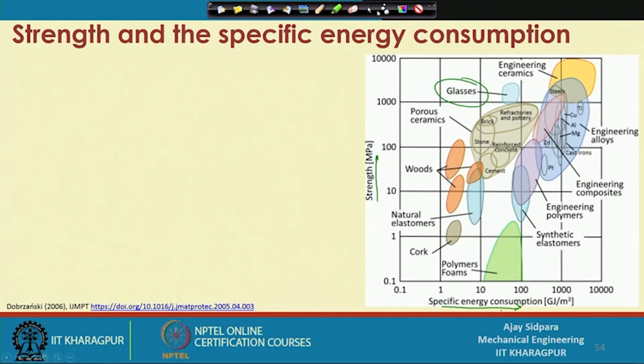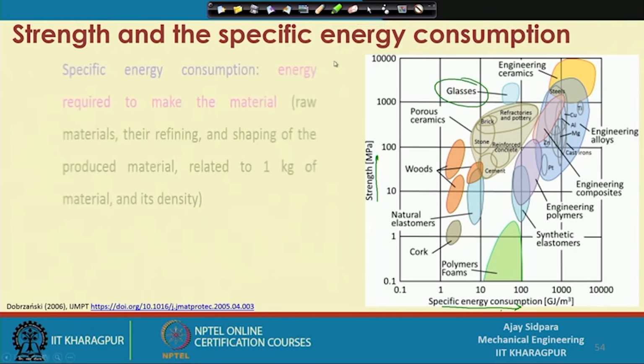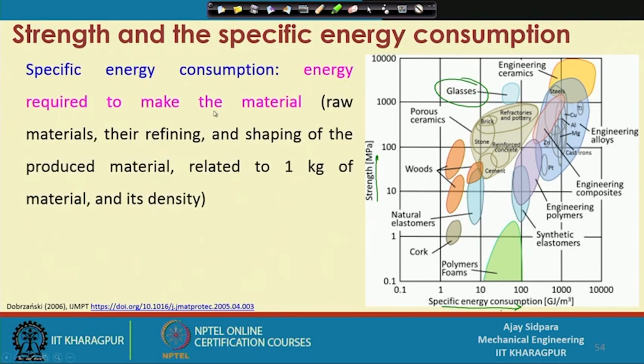So, from starting to end, let me first define the specific energy consumption. It is the energy required to make the material. You start with the raw material, which you get either by a chemical route or which is readily available in nature.